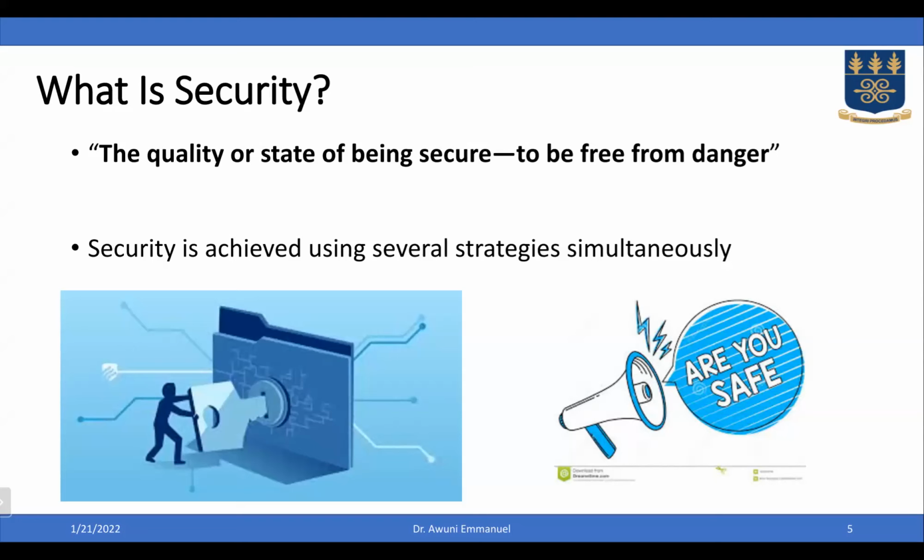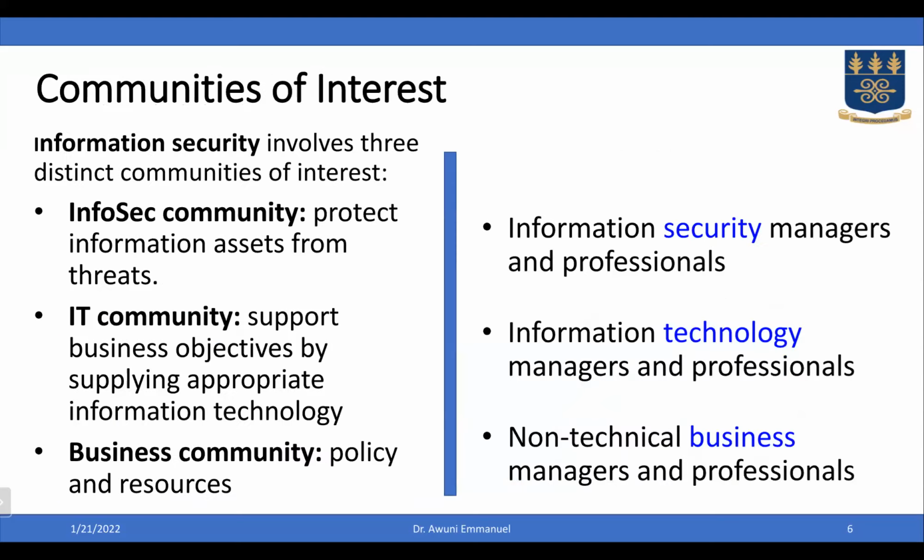Some of you have asked questions that have gone ahead to give more explanation. Now, since this course is management information systems, we also need to look at the management aspect of information security. Now let's look at the communities of interest in any business organization.